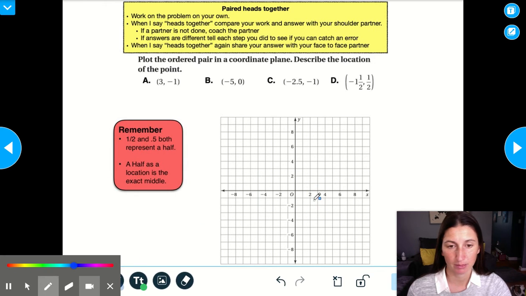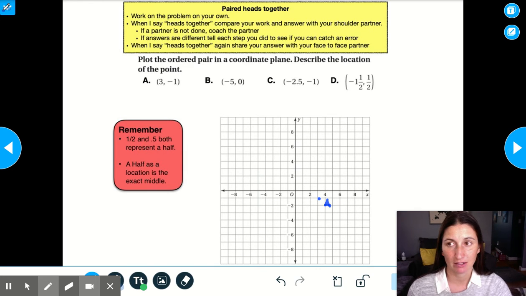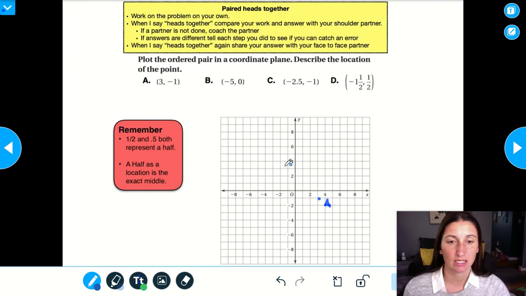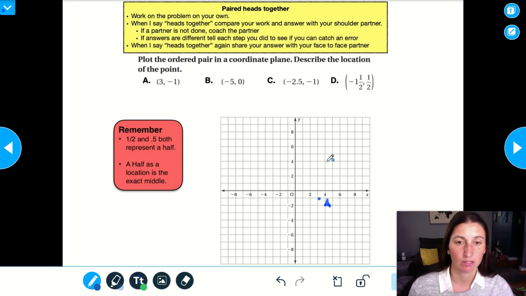It's not plotting. Try this again. So this would be my point A, and of course I want to label it. And so if I need a reminder, I'm going to go up here, if I can. Nope, I'm not going to be able to. So you would be able to see that we would be able to mark this as quadrant 1, quadrant 2, quadrant 3, quadrant 4.